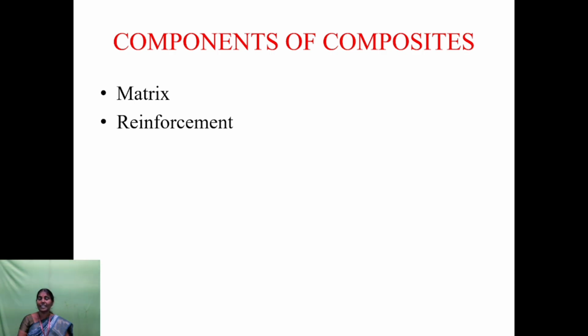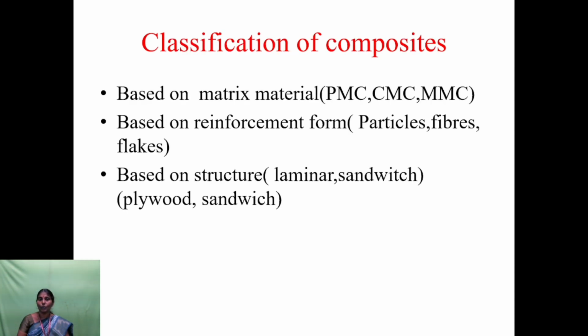One is the matrix and the second one is the reinforcement. The matrix is the continuous phase that holds the different materials together, and the reinforcement gives stiffness and strength to the particular composite material. Reinforcement may be flakes, particles and fibers.